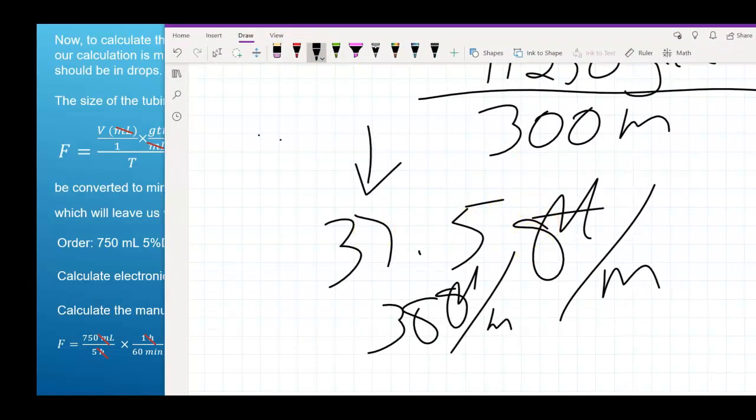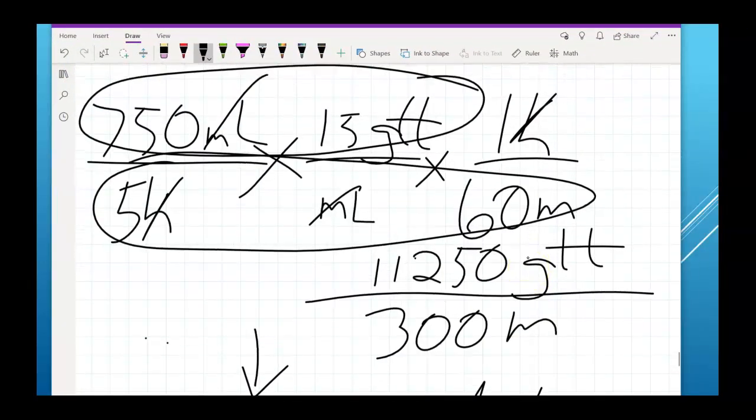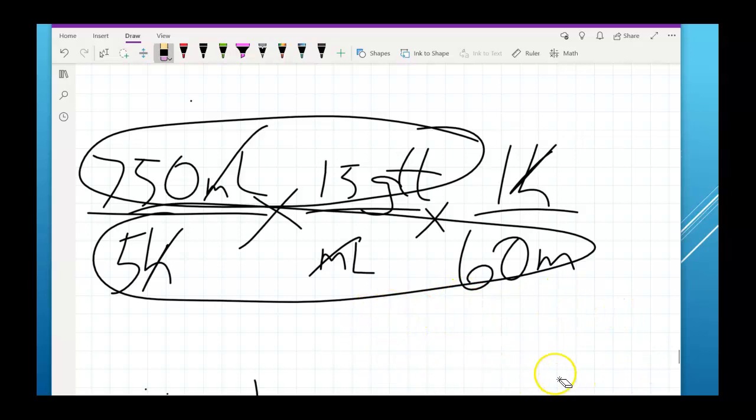Okay, and secondly, I wanted to show you, if you're good with your cross canceling and reducing, you can do a lot of your reducing before you even multiply, right? 5 goes into here once, goes into here 3 times.